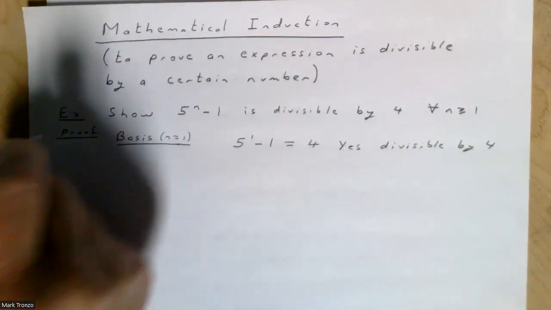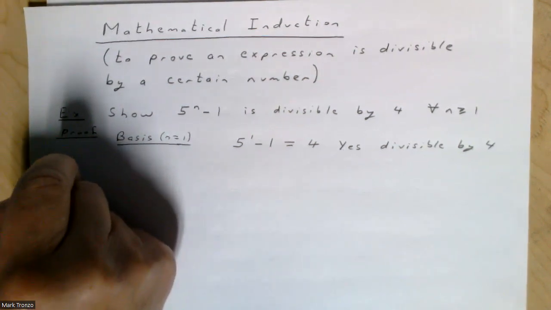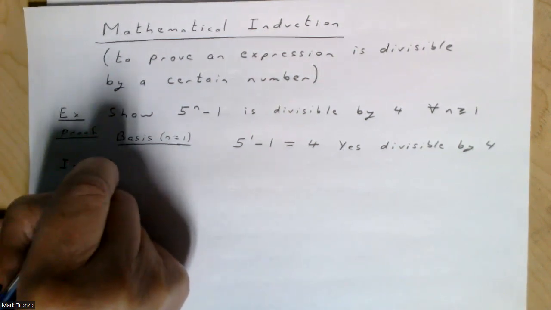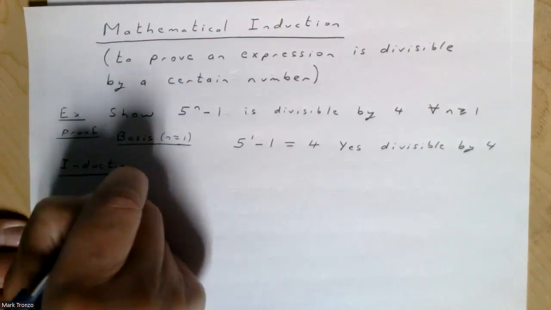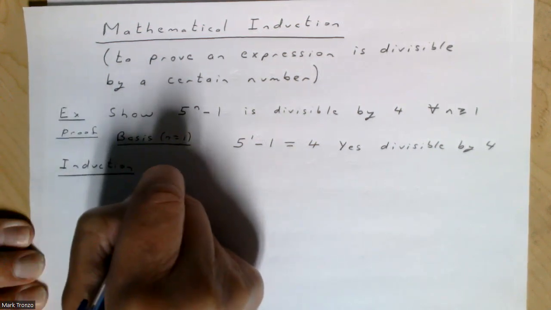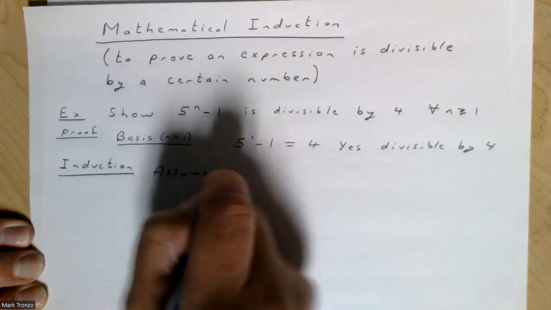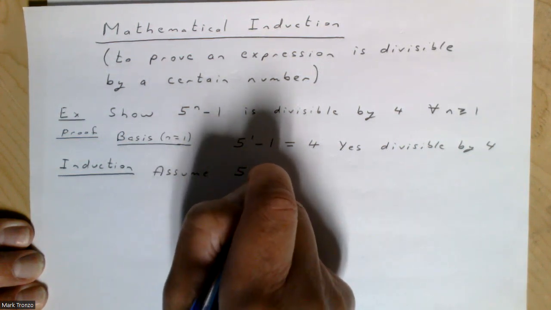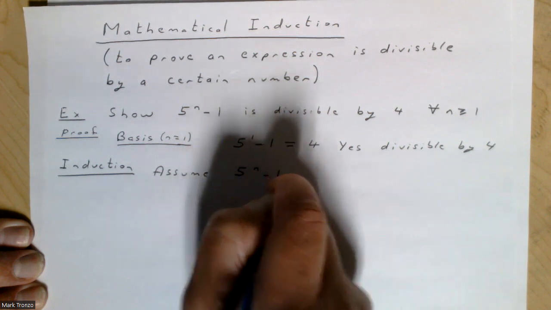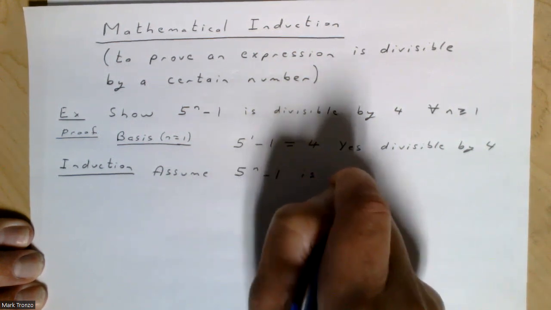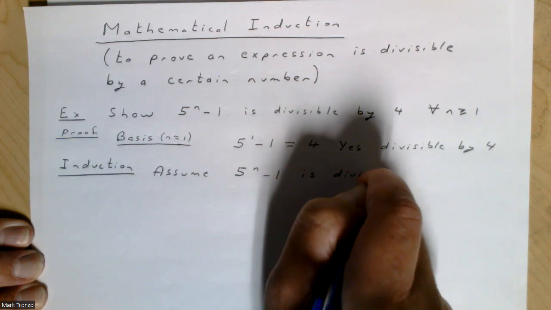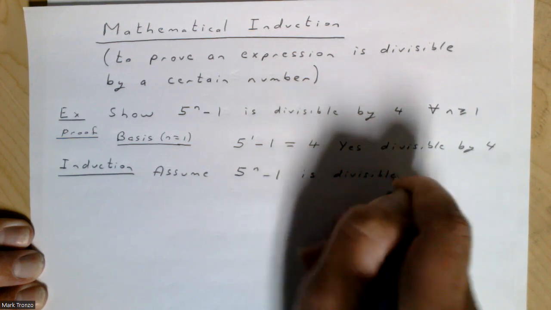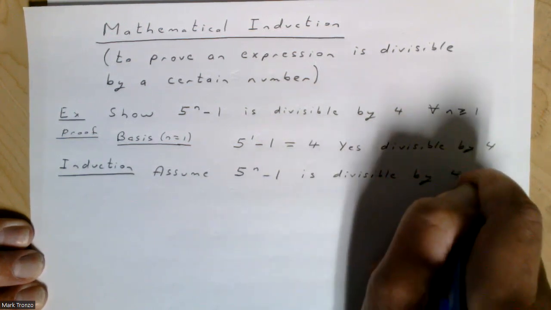And just as before, for the induction step, we're allowed to assume that 5n minus 1 is divisible by 4.